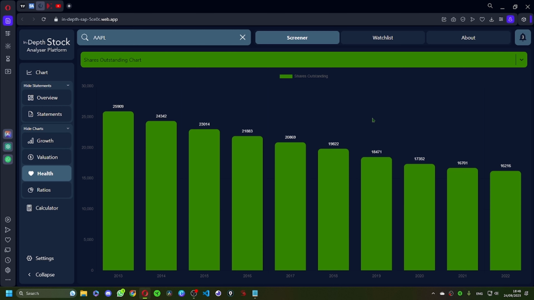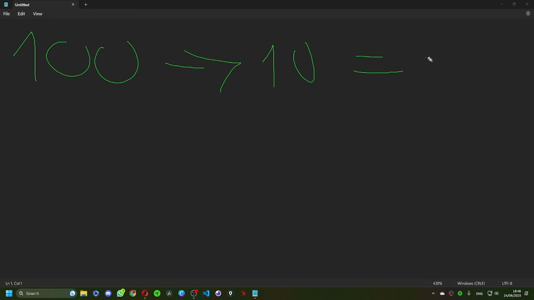This chart is ultra important. Now let me tell you why. The shares outstanding chart is very important because if a company has 100 shares and you own 10 of those shares, you own 10% of the company. That means you are entitled to 10% of the dividends. Now, if the company buys back 20% of the shares, now they only have 80 shares.